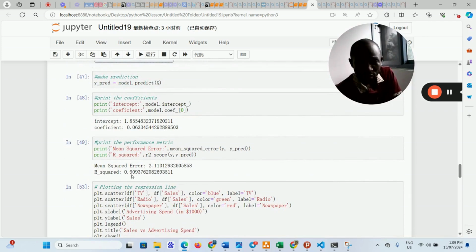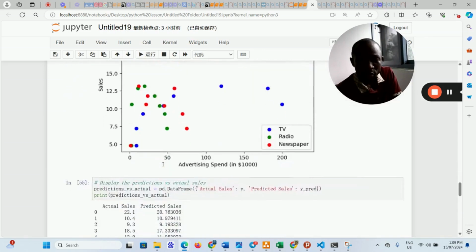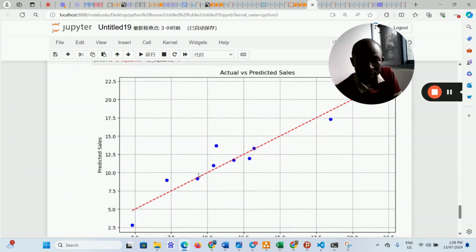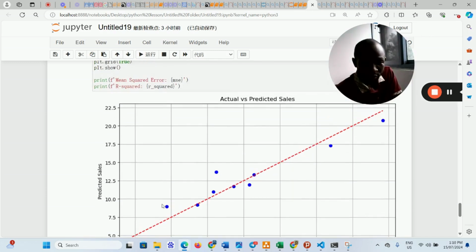If our R square value is 0.9, it's not possible for this diagram to lie straight. But if our R square value is 1, obviously the actual value and the predicted value will lie on this line, your best line of fit, or this straight line. You understand me? Yes.